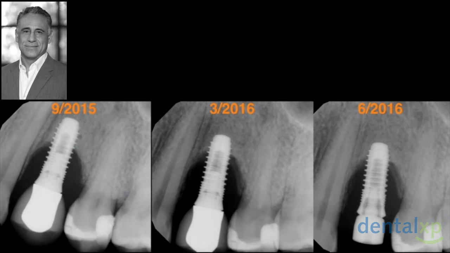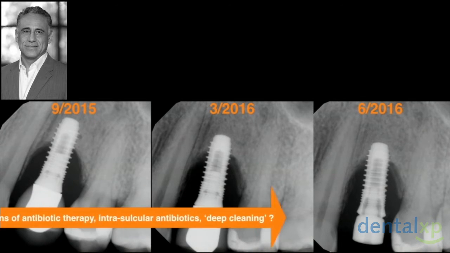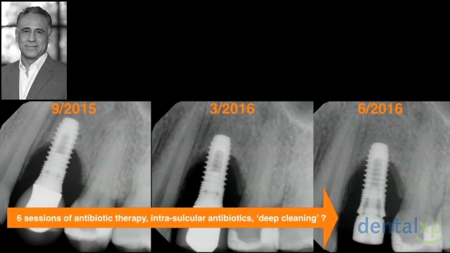And at that point, the restoration had been removed and just a healing abutment was placed. So during this entire phase, she went through 6 sessions of antibiotic therapy, intracellular antibiotics, and also several sessions of deep cleaning, none of which was effective in her therapy.